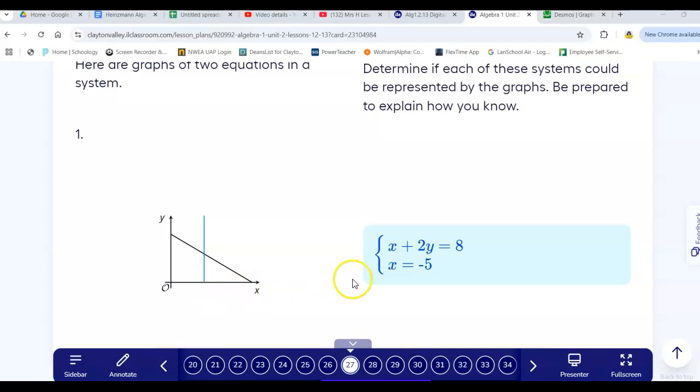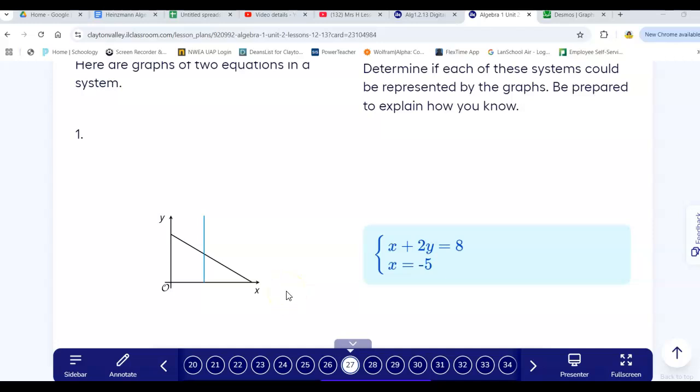In other words, this line here, 8x plus 2y equals 8, and x equals -5, could this system be represented in this way?